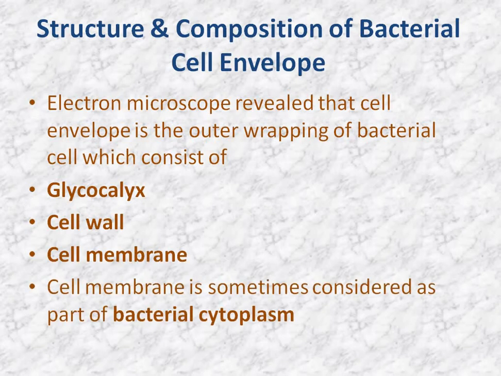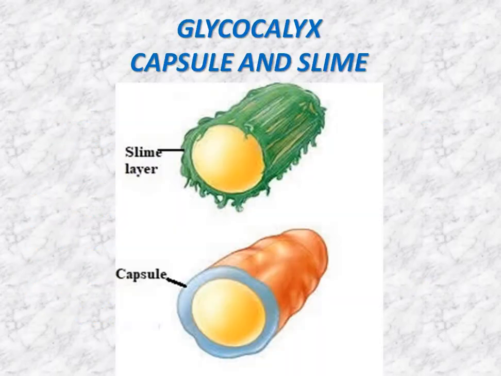The cell membrane is sometimes also considered a part of the bacterial cytoplasm, but it is considered a part of the cell envelope of bacteria, which consists of glycocalyx. Glycocalyx may be a capsule or slime, then cell wall and cell membrane.